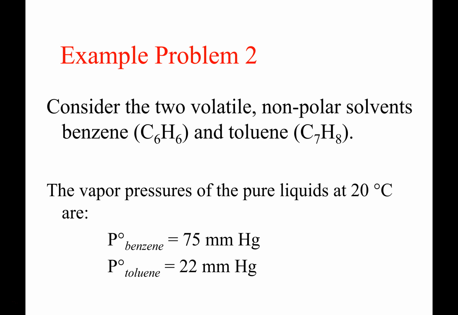If I let toluene do its whole liquid-gas equilibrium, the pressure is going to be 22. And if I let benzene do its thing, its equilibrium vapor pressure is going to be higher. Yep. Oh, so it takes more for it to equal out.